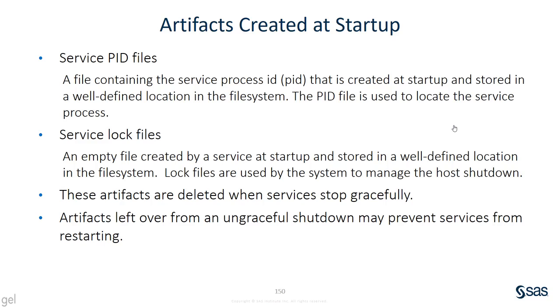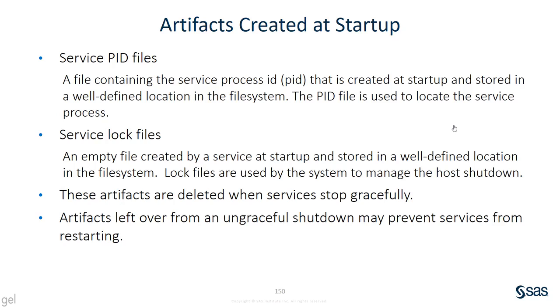Right? Now, when you start up, a lot of these processes drop artifacts. So they can be process ID files, they can be lock files, they can be registrations in console. So one of the things that can happen, and does happen quite often, is if your system shuts down inappropriately or ungracefully, these artifacts can be left around behind.